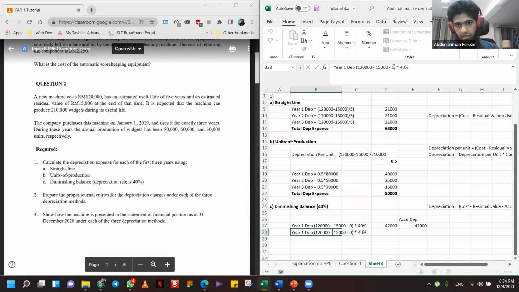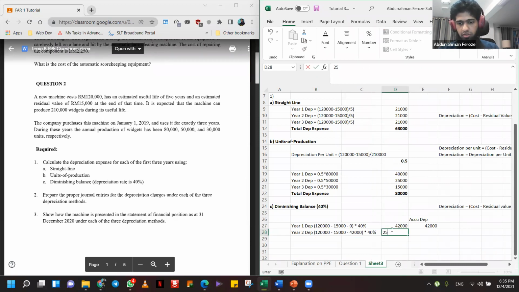Then year 2 would be 120,000 minus 15,000 minus 42,000, into 40%. How much would this be? 105,000 minus 42,000 into 40%. This would be 25,200. And the accumulated depreciation would be the addition of the two, which is 67,200.